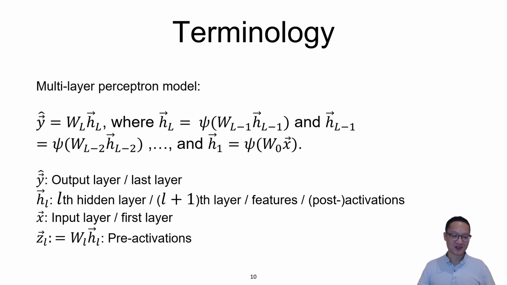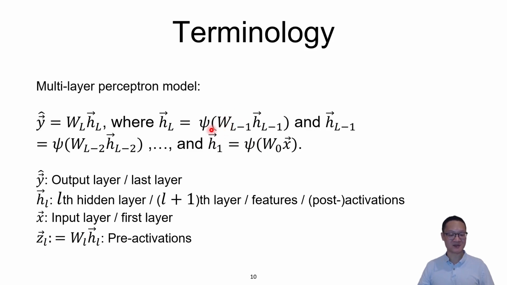So some terminology. We already went over this last time. We have the different layers. Layers refer to the vectors, y and all the h's as well as x. Y is the output layer, h is the hidden layer, and x is the input layer. The z's are called pre-activations. Z's are basically the w times h. That gives us z. So pre-activation because we only multiplied by w.